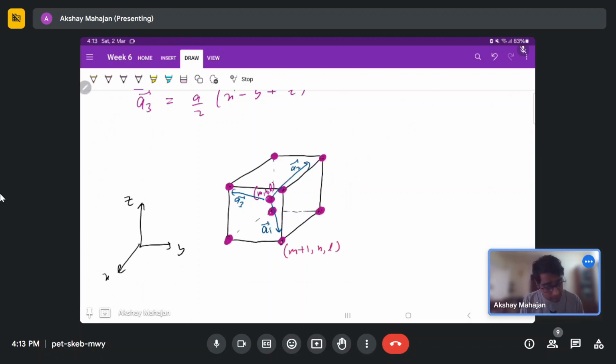Similarly, in the opposite direction, this neighbor's coordinates will be m minus 1, n, l. Then this neighbor we can reach by the E2 vector, so it will be m, n plus 1, l.